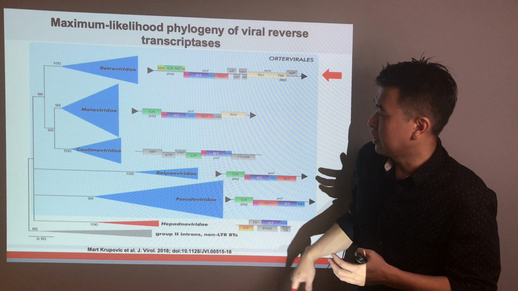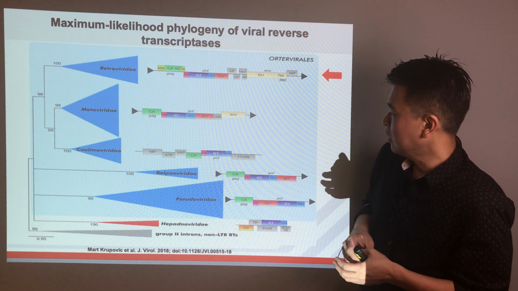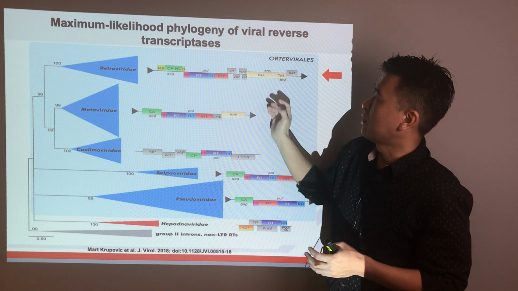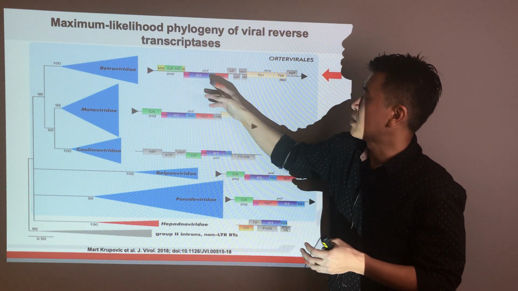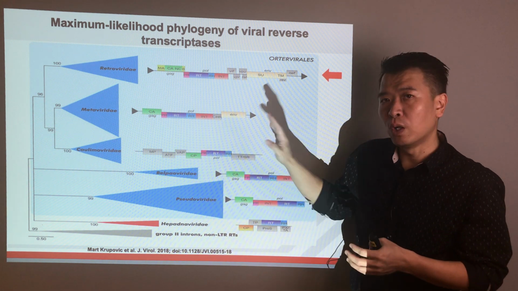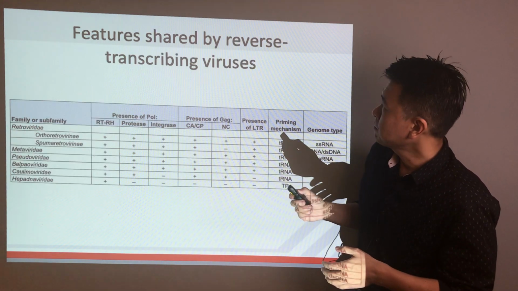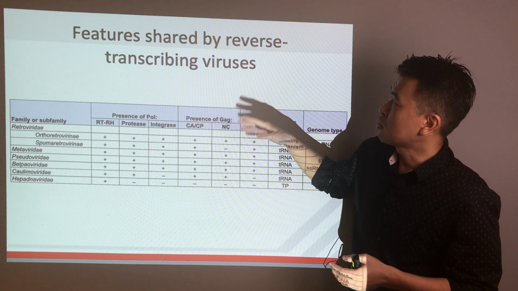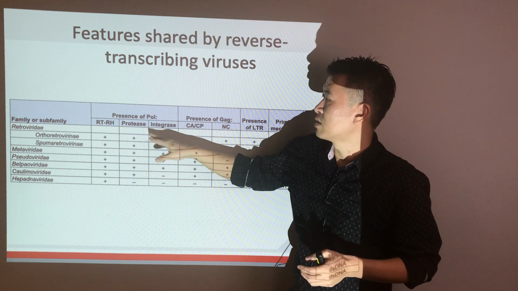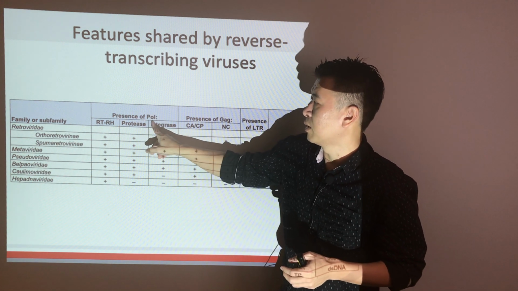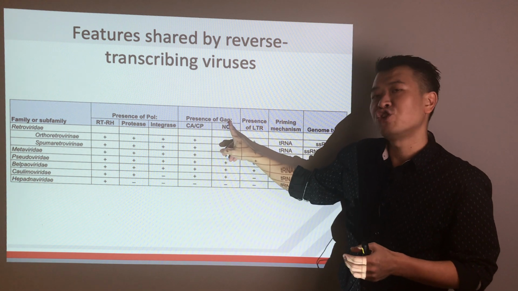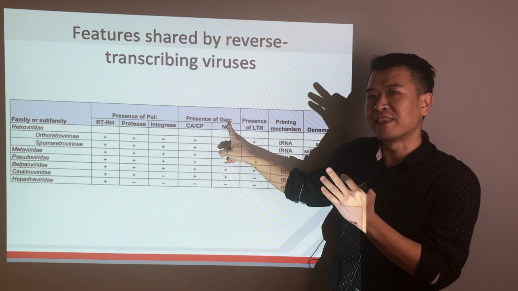Then Hypanaviridae over here. Okay, so over here are the genomes of the viruses, and you can see that they have specific genes that are located and arranged in particular ways, and we'll look at it later. So these are the features that are shared by these viruses. Like I mentioned, they have specific genes, for example, the presence of polymerase, and the presence of GAG, which stands for group-specific antigen.